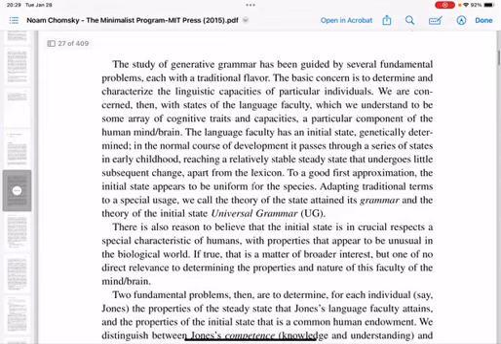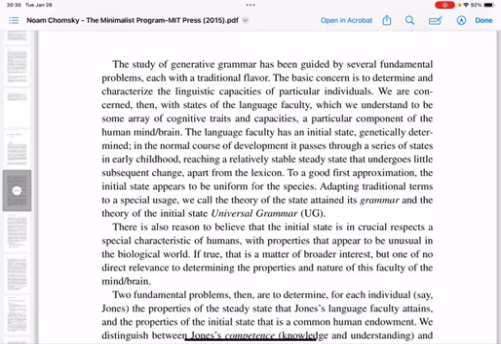The study of generative grammar has been guided by several fundamental problems, each with a traditional flavor. The basic concern is to determine the character and characterize the linguistic capacities of particular individuals. We are concerned then with states of the language faculty. which we understand to be some array of cognitive traits and capacities, a particular component of the human mind and brain.